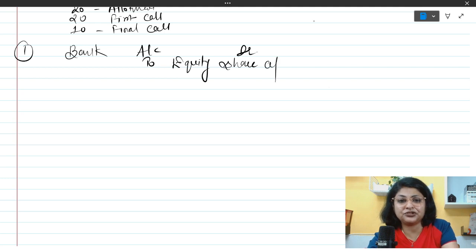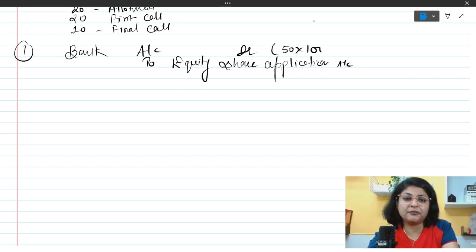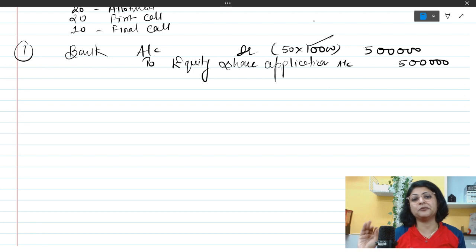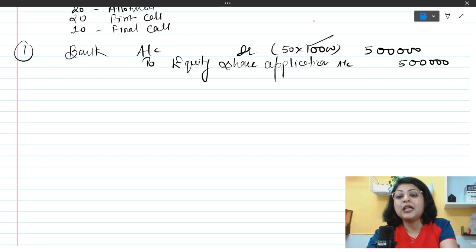If it is preference share, you will write preference share. Equity share application account. Here you will multiply rupees 50 with the number of shares, which are 10,000, so you will get 5 lakh rupees. Do make sure that you always write this, students, because when you write like this, the chances of making mistakes are pretty low. Now let us write the narration: being application money received.